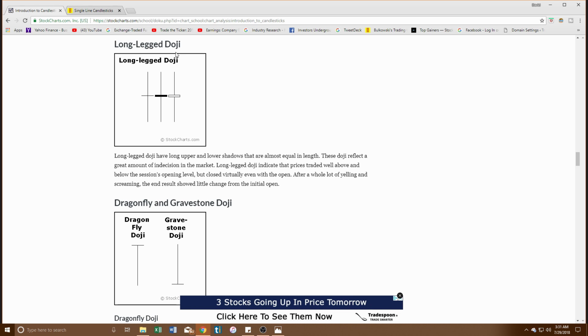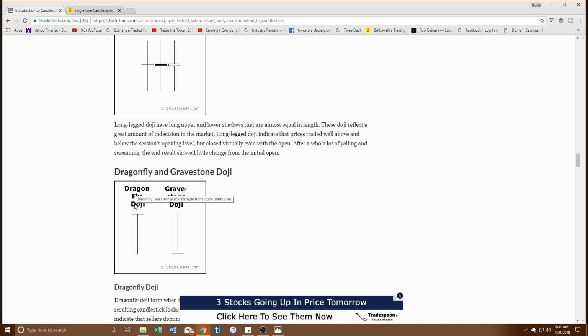So you got long-legged dojis, you got dojis, you got spinning tops, and you got dragonfly and gravestone dojis. These are all the same thing, but they just look different. Prices open up, move one way, go the other way, close at the same price it opened at, or near the same price.